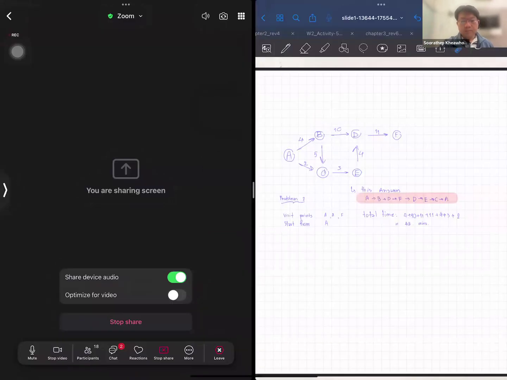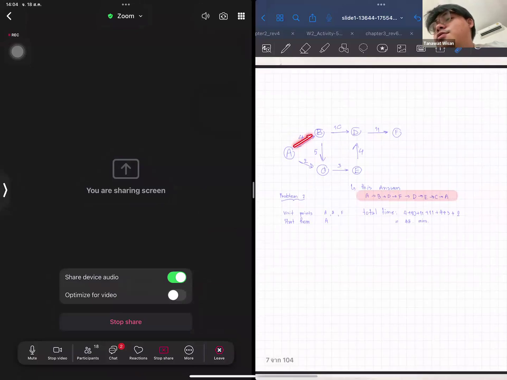Can we show the screen? Yes, you can share. Can you see this?